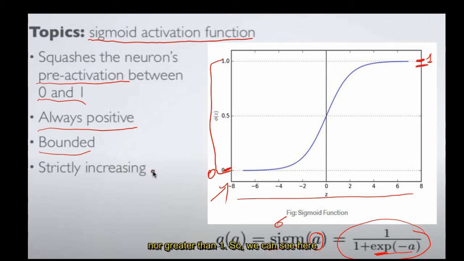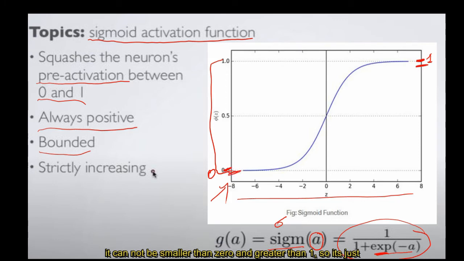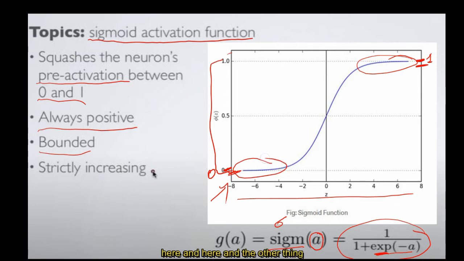And the other thing is that this function is strictly increasing. That is, the bigger the input activation, the higher the activation of the neuron will be. So this is all about the sigmoid function.